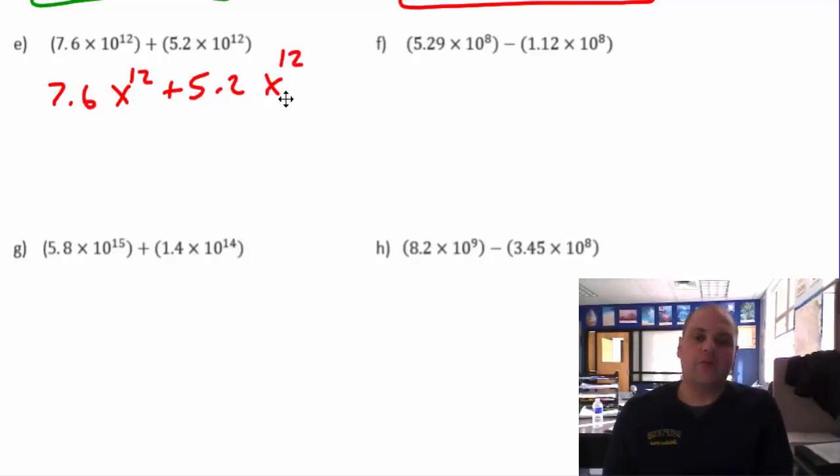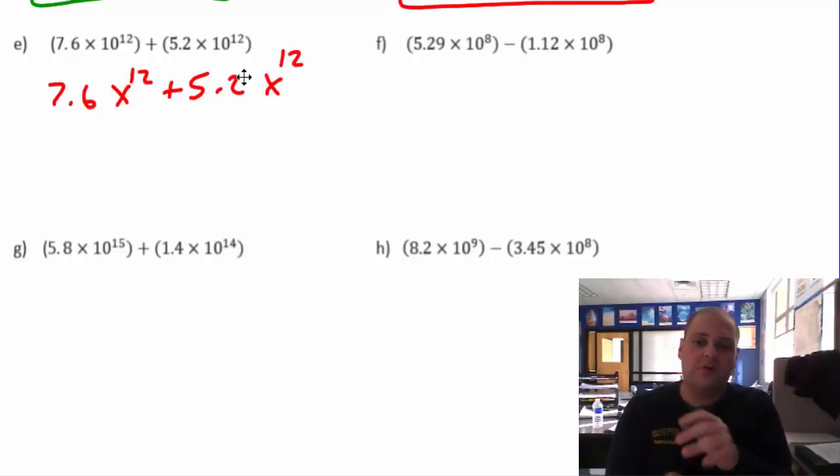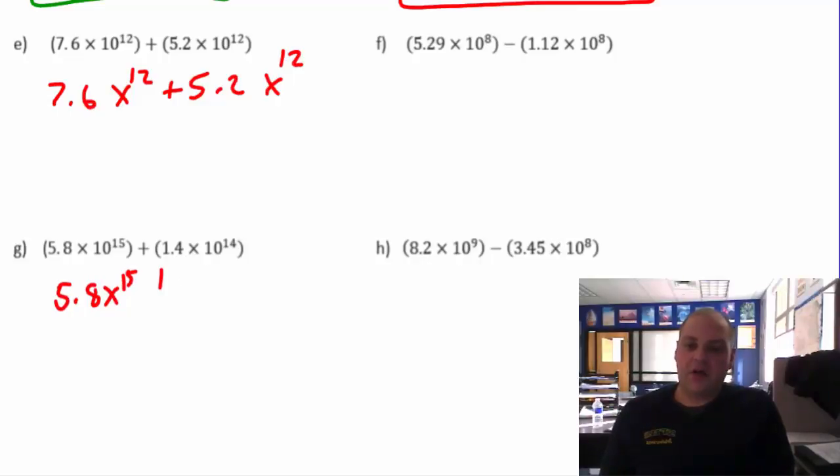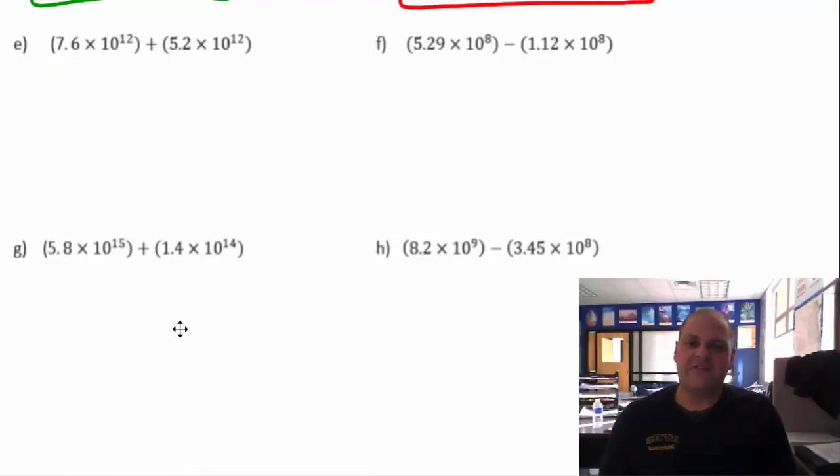If it was x to the 12th, you're good to go. You could just add the 7.6 and the 5.2. But here, it's like 5.8x to the 15th plus 1.4x to the 14th. If you had that, you would not be able to add because they're not like terms. So this is the thought process you have to have here.